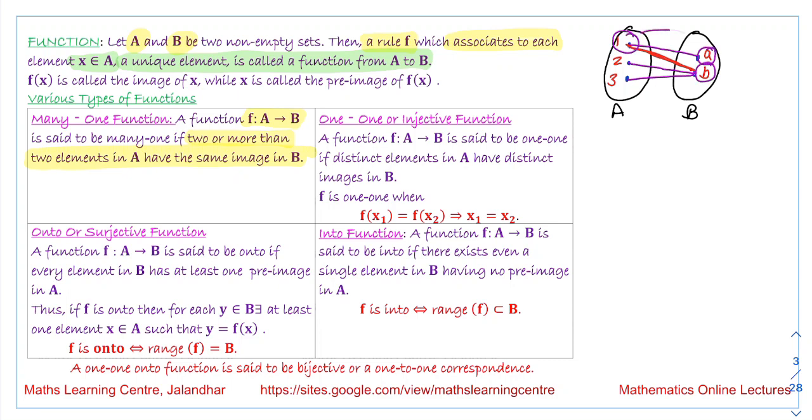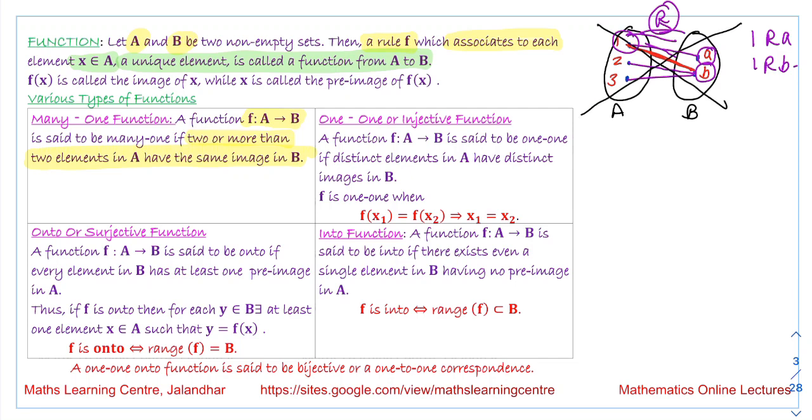This is the relation R such that 1 is related to a and 1 is related to b. So this is not a function.